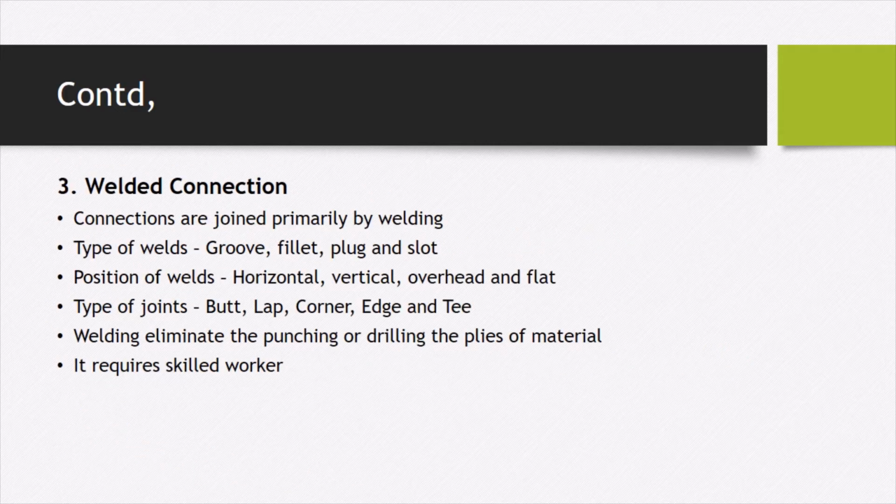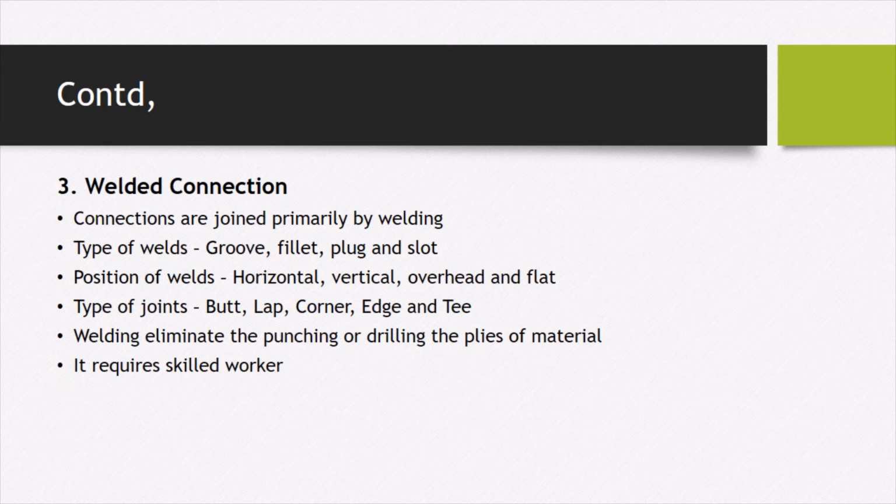And then welded connection. Welded connections are primarily used for structural members. You know that in RCC construction, when you are going to connect bars with reinforcement above 32 mm, you should not go for lapping.